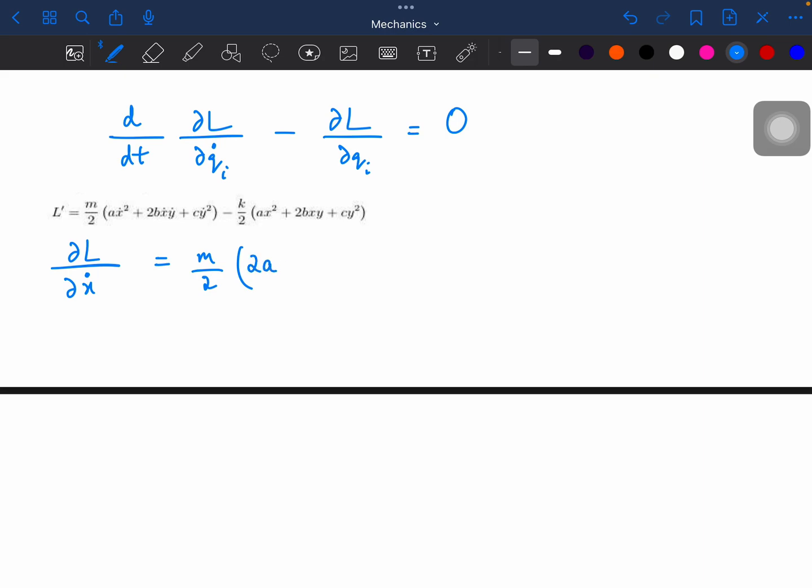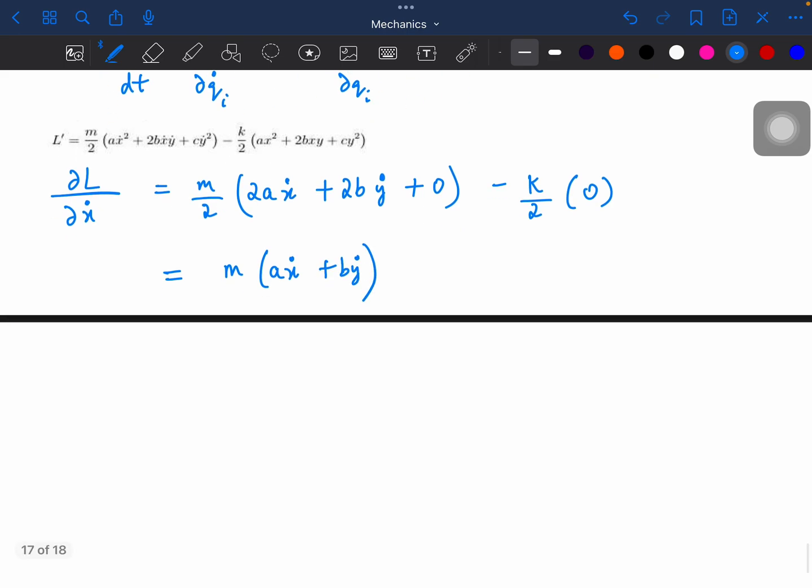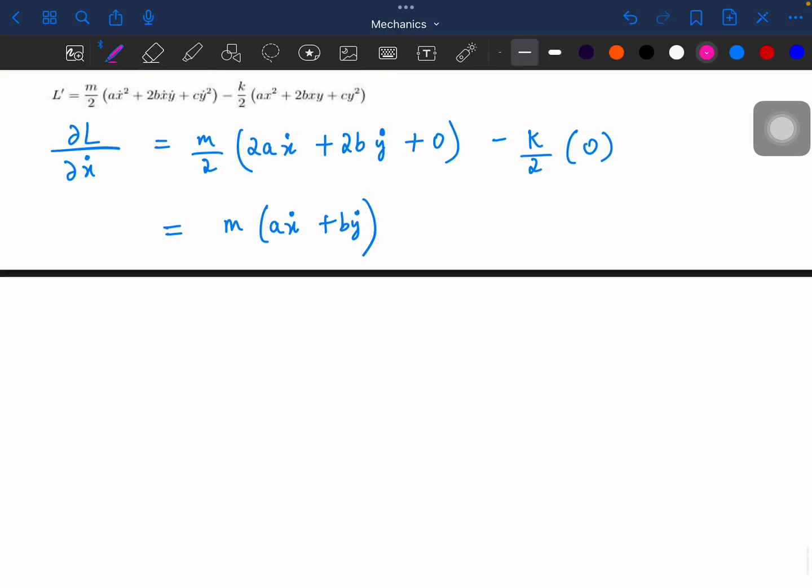So this will become 2a x dot, and the next term will become plus 2b y dot, because we are partially differentiating with respect to x dot. The last term will become 0, because there is no x dot dependency there, only x and y terms. So we'll get m into (a x dot plus b y dot). This is our ∂L/∂x dot.